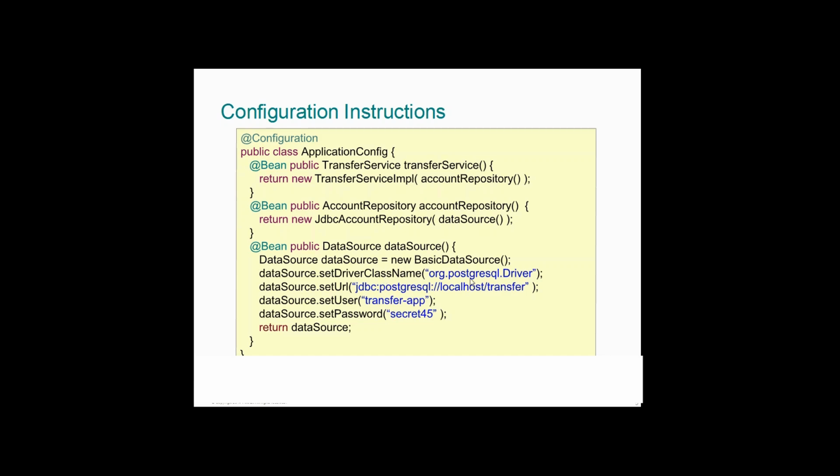Once it has been created with all these parameters set, it returns the data source object, and this data source object gets injected into the JDBC account repository, and this JDBC account repository gets injected into the transfer service implementation.